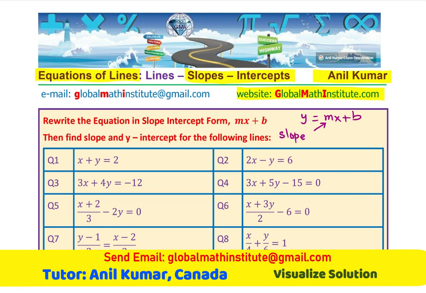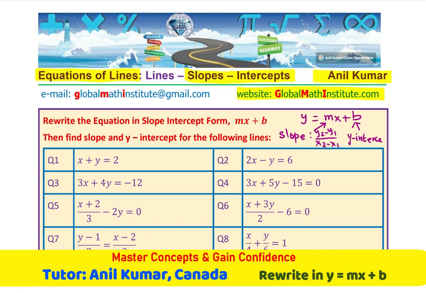Slope really means change in y over change in x, y2 minus y1 over x2 minus x1. That is the slope. And b is the y-intercept. Y-intercept is a point where the line crosses the y-axis, correct?